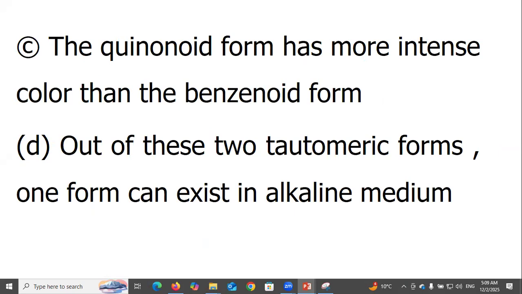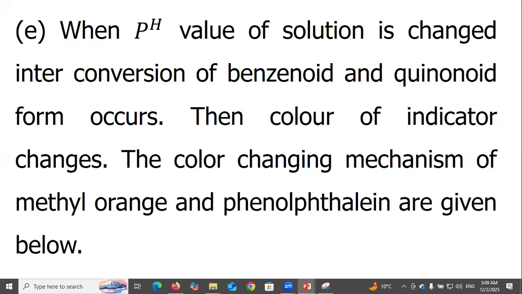The quinoid form has a more intense color than the benzenoid form. Out of these two tautomeric forms, one form can exist in alkaline medium. When the pH value of the solution is changed, interconversion of benzenoid and quinoid form occurs. Then the color of the indicator changes.